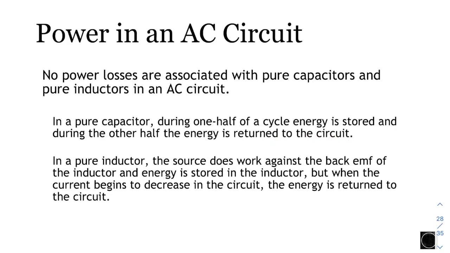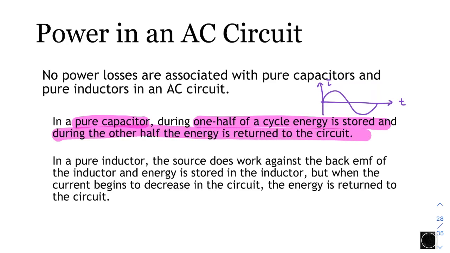If we refer to the sinusoidal wave function, it's like this. It's about current, I versus t. So what does that mean? In a pure capacitor, during one half of the cycle, energy is stored. During the other half, energy is returned to the circuit.